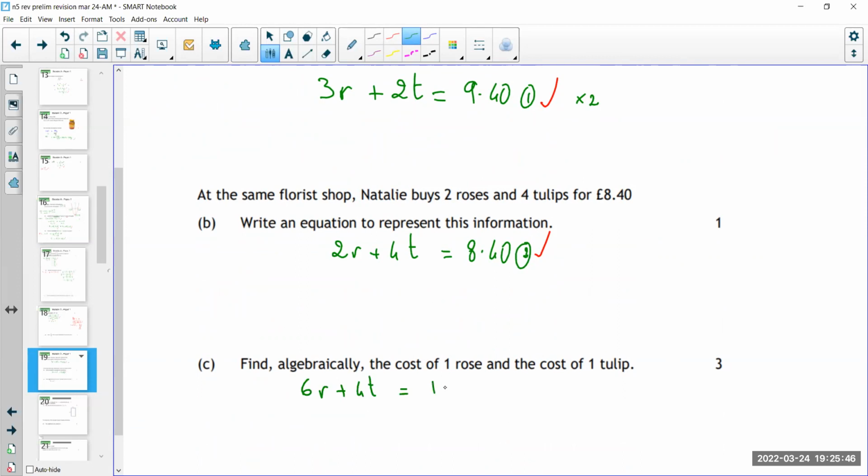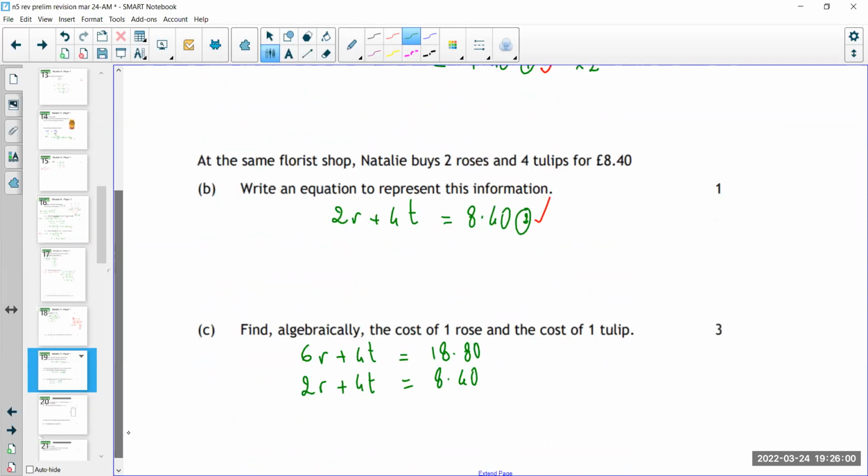equal 1880. And if you take that away from the 2r plus 4t equal 840, then you've got, oh sorry, take them away. 6 minus 2 is 4r. Let's call this 3, and we call this 4 if you want.